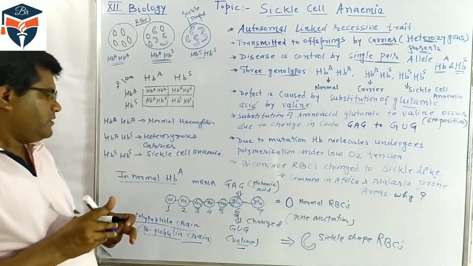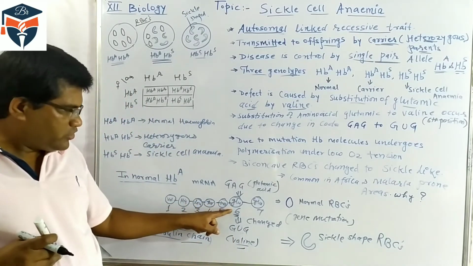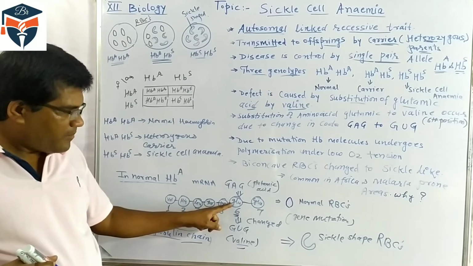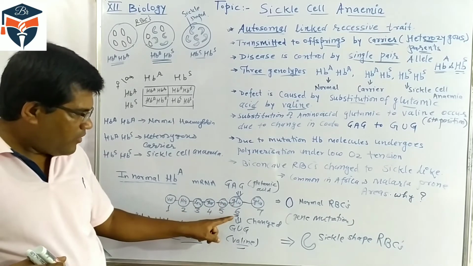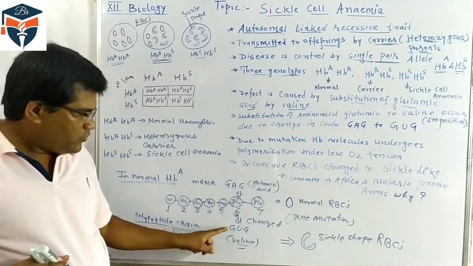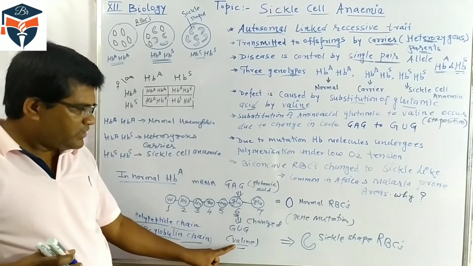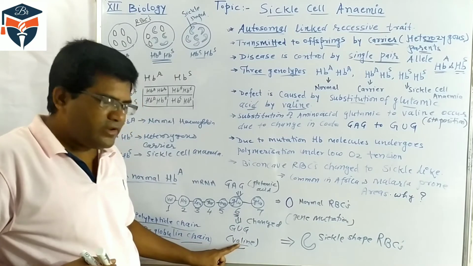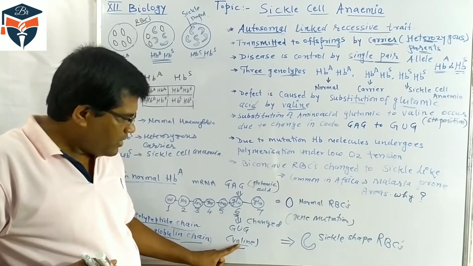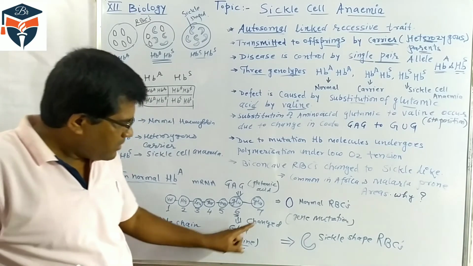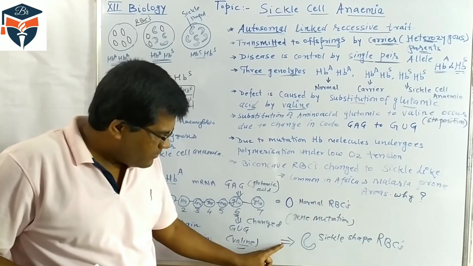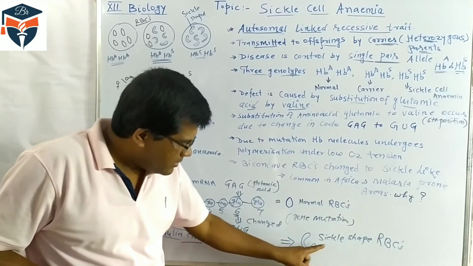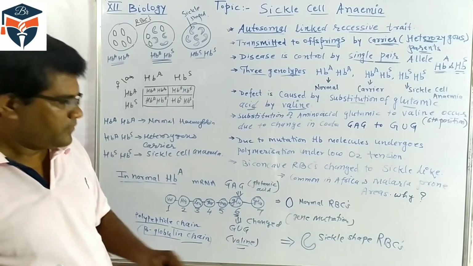So what change was made? On the sixth position, earlier glutamic acid was synthesized. Now GAG changed to GUG, and valine comes. Due to this change, instead of glutamic acid, valine will come in the polypeptide chain, and normal RBCs will not form; instead, sickle cell RBCs are formed.